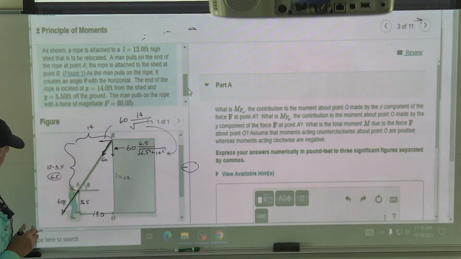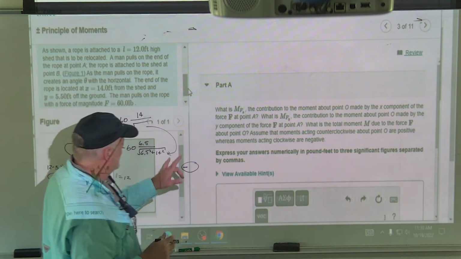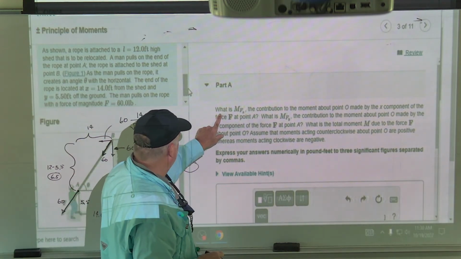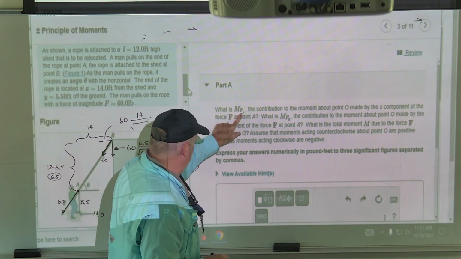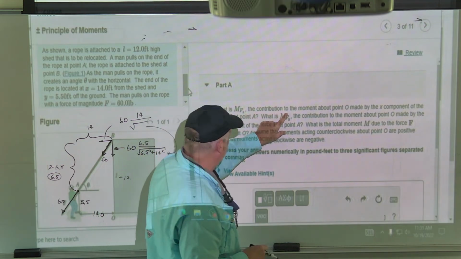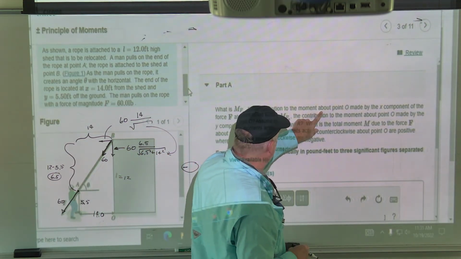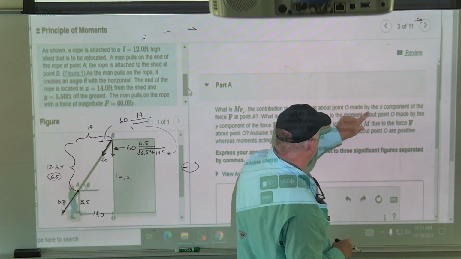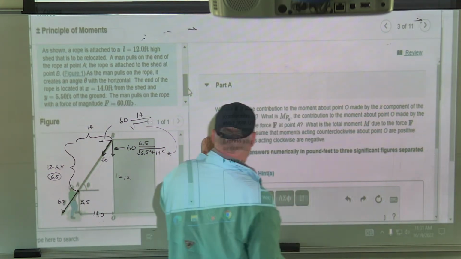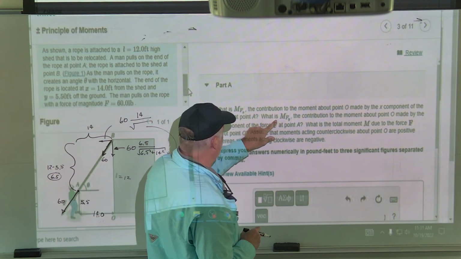Now, he asked the question, interesting question. What is MFX? The contribution to the moment about point O made by the X component of the force. What is MFY?